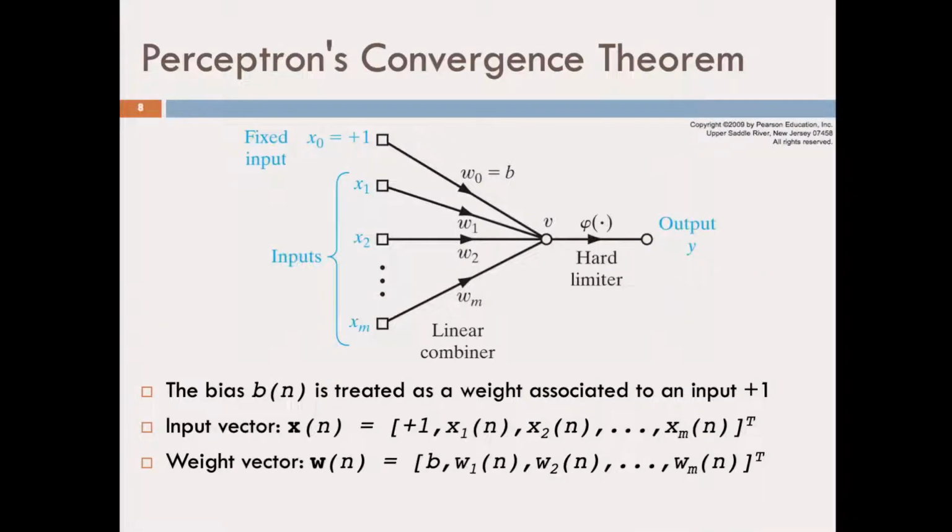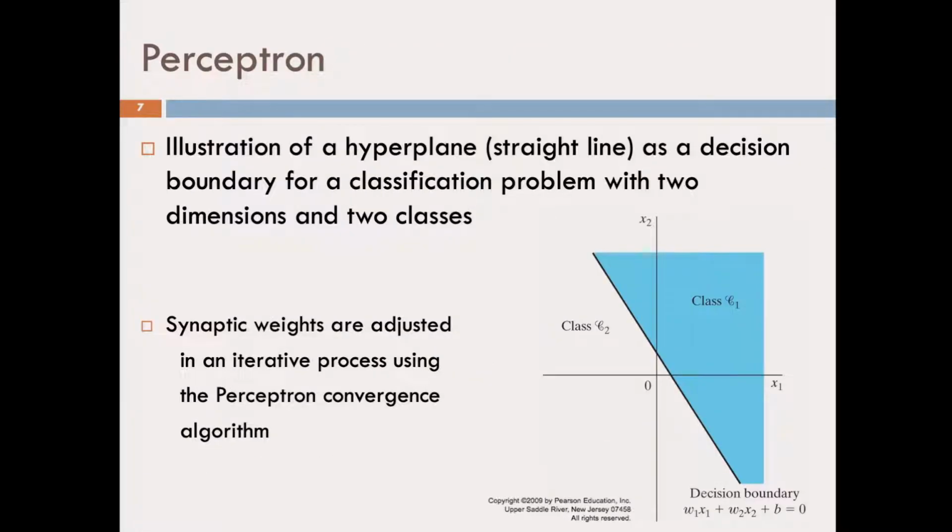Okay, see here. So here I'm putting a more formal mathematical formulation. The bias is treated as a weight associated to an input. So what I did here was to get that bias that was here.